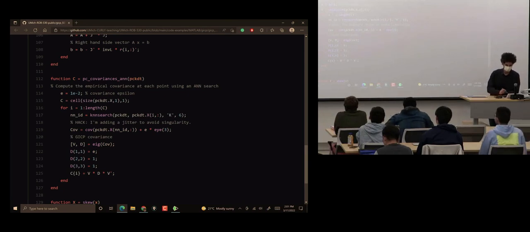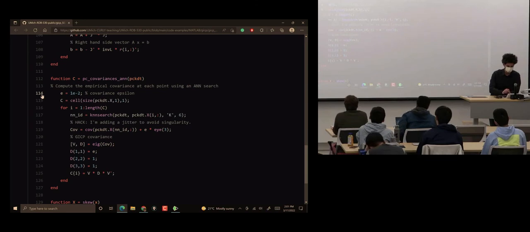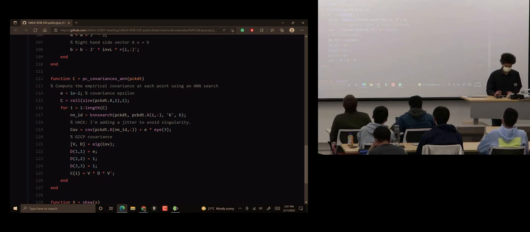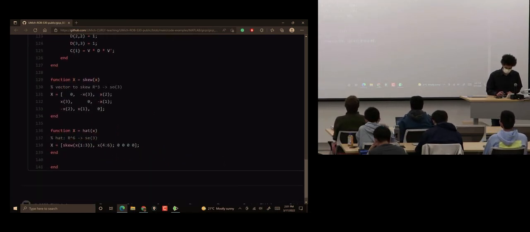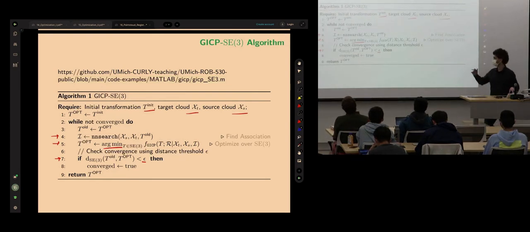I set that to E, which is defined in line 114. Set the other ones to 1, and then reconstruct the covariance using V and the new eigenvalues. Okay, so see that in this algorithm, you have explicit code for how you actually implement this.